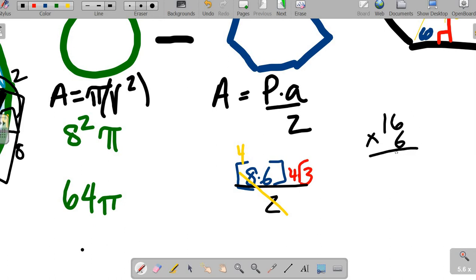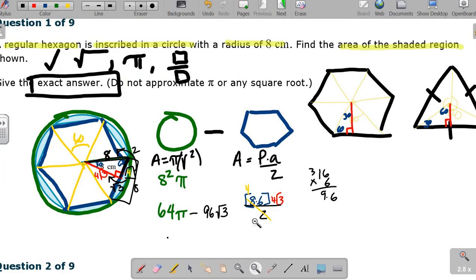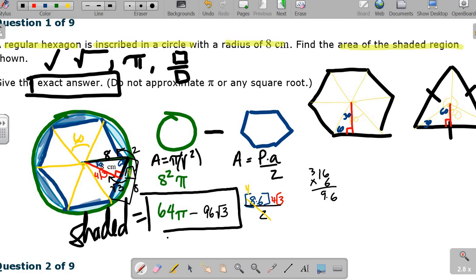It's going to be the same there. So our final exact form answer is going to be 96 root 3. Therefore, this shaded region in exact terms is 64 pi minus 96 root 3 centimeters squared.